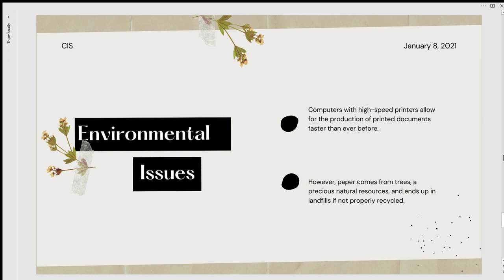Lastly is environmental issues. Computers with high-speed printers allow for the production of printed documents faster than ever before. However, paper comes from the trees, a precious natural resource, and ends up in landfills if not properly recycled. So, yun nga, nowadays, meron na tayong Bluetooth or wireless printers na available and na-access na siya anywhere.